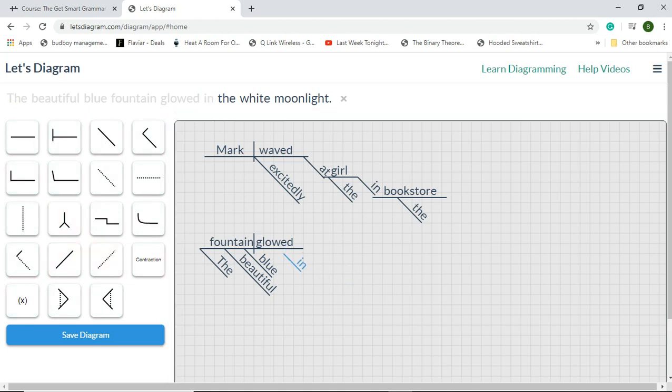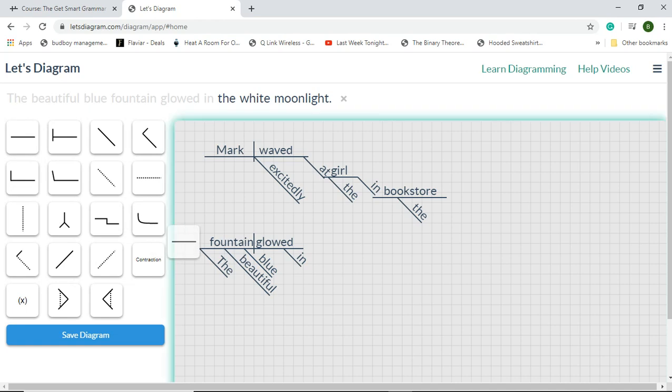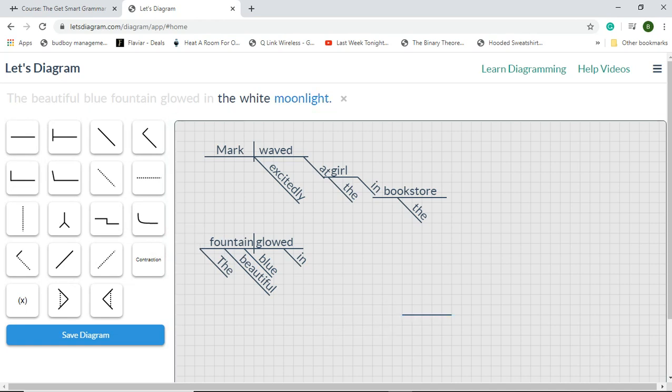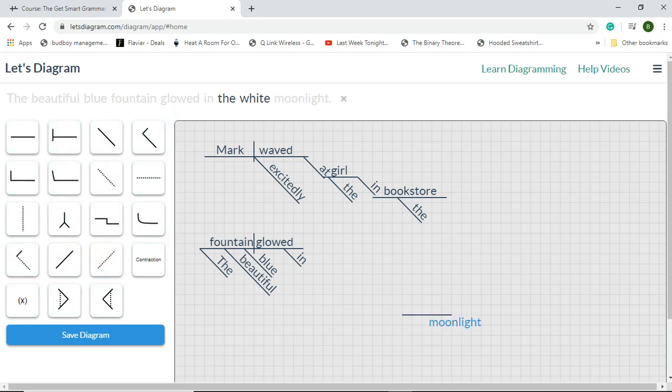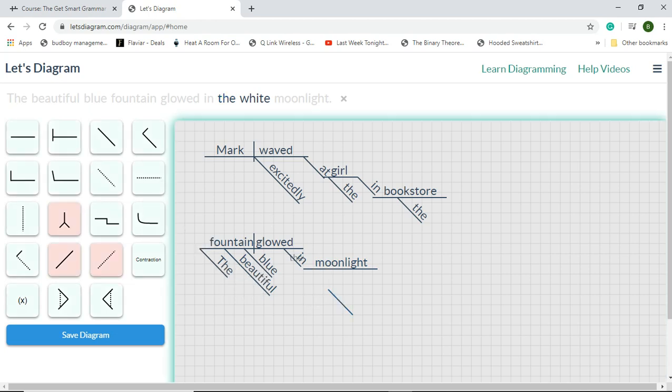And it modifies glowed. Okay? What is the object of this preposition? Well, I hope you put moonlight. Moonlight is the object of this preposition. And there are 2 adjectives that are modifying moonlight. Okay? The adjectives are the, which if you remember, the is always an adjective.